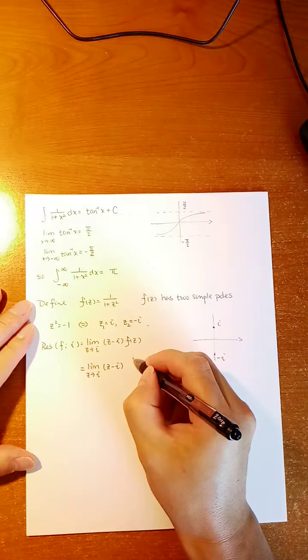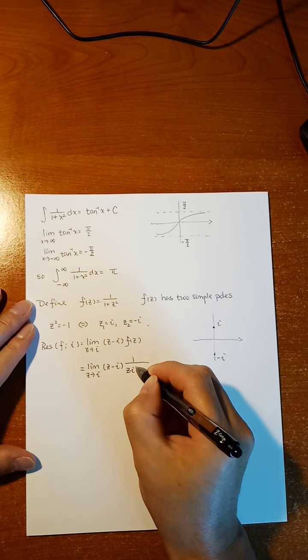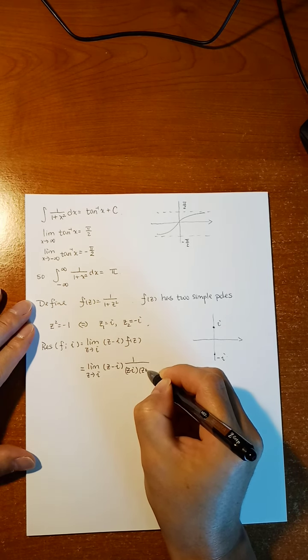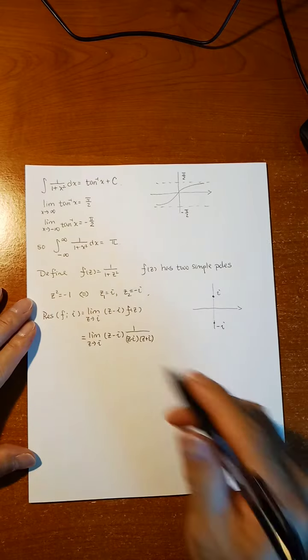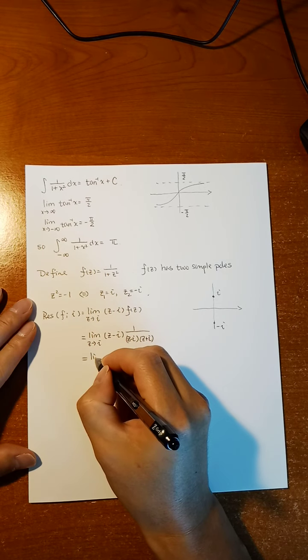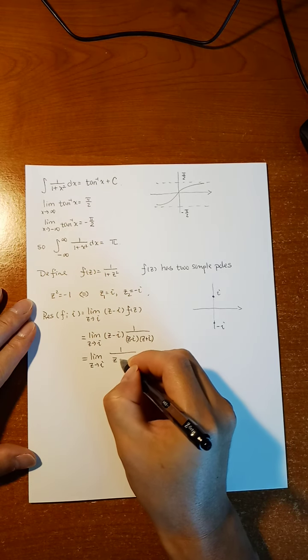You can write f as 1 over z minus i times z plus i, and cancel z minus i from top and bottom, and you get 1 over z plus i.